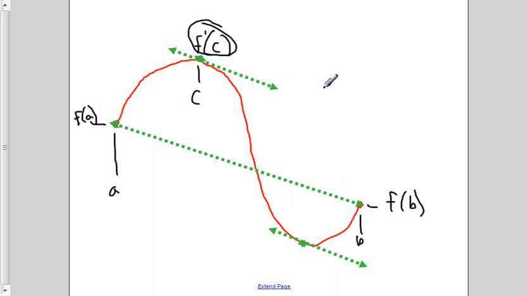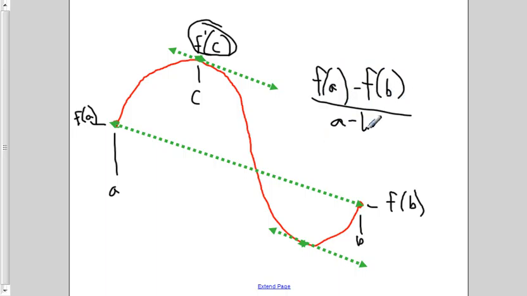And again, change in y, that's the f of B minus f of A, that's the rise, all over the run, B minus A. And again, this could also be C, and the slope of that tangent line is going to be equal to the slope of the secant line.